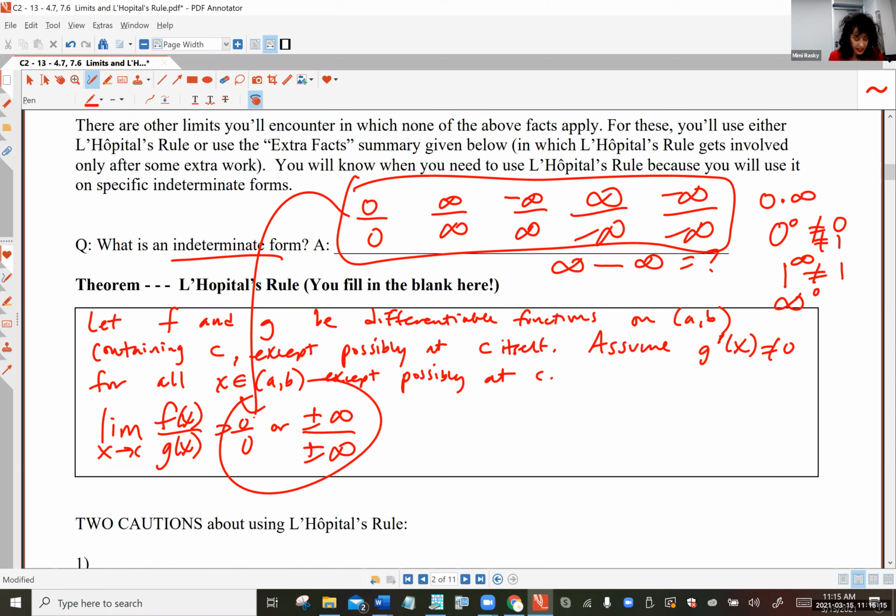If you get any of those, then you're allowed to retake the limit as x approaches c of a new fraction. The new fraction is the derivative of the numerator divided by the derivative of the denominator, provided the limit exists, of course.